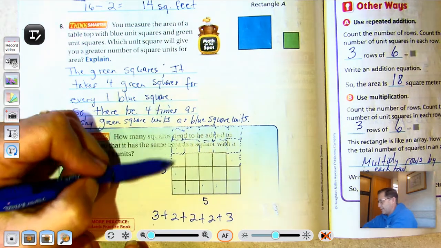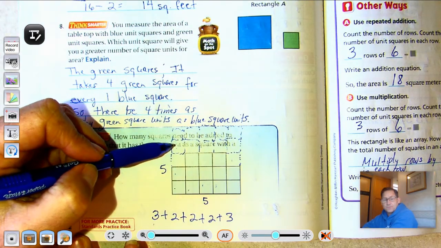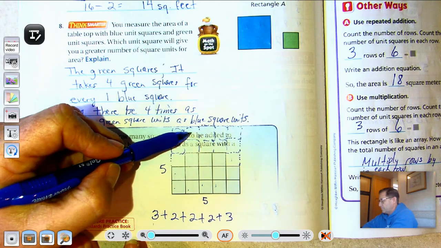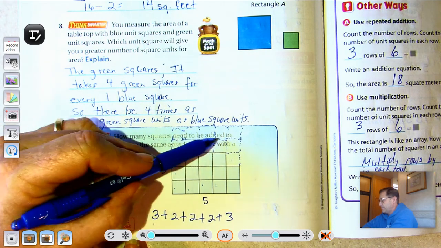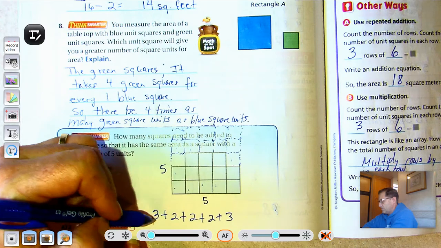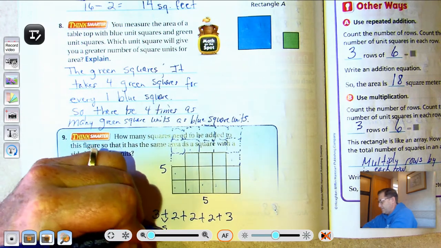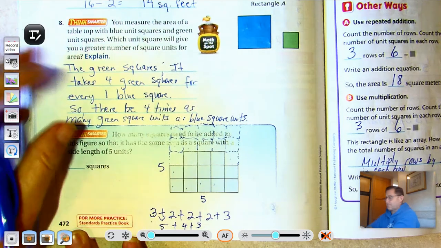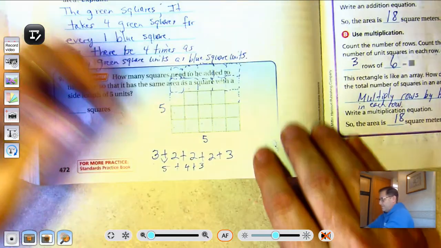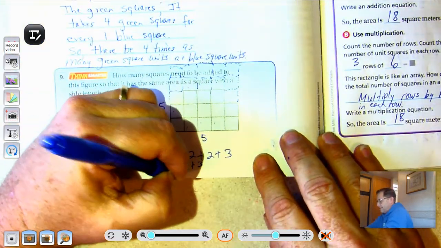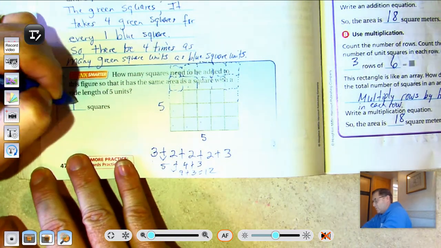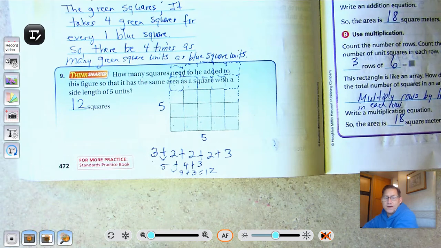We add 3 rows here, 2 here, 2 here, 2 here, and then 3 here. So 3 plus 2 is 5. 2 plus 2 is 4 plus 3. 5 and 4 is 9. 9 plus 3 is 12. So we need to add 12 squares.